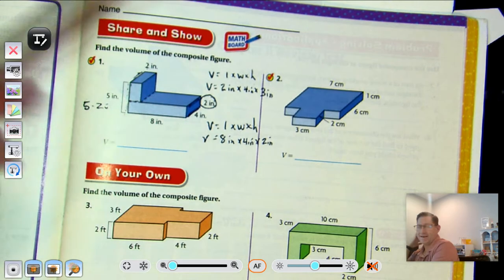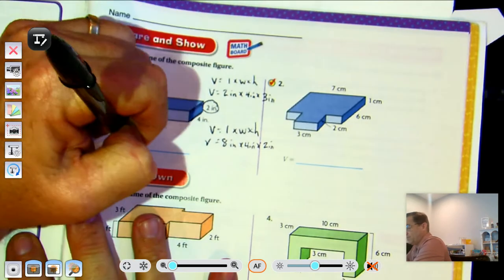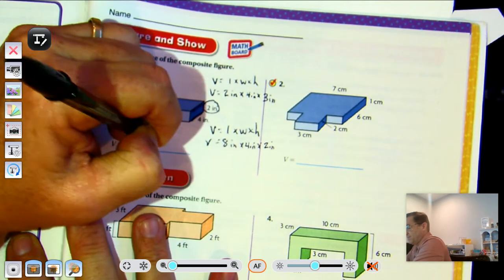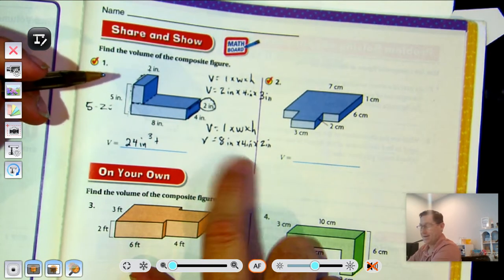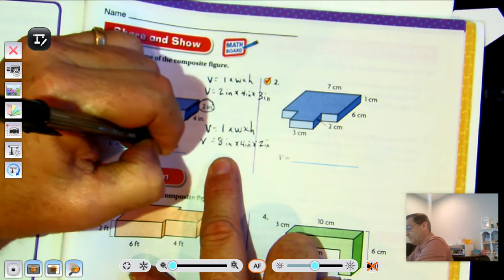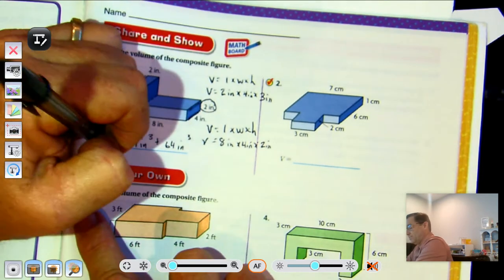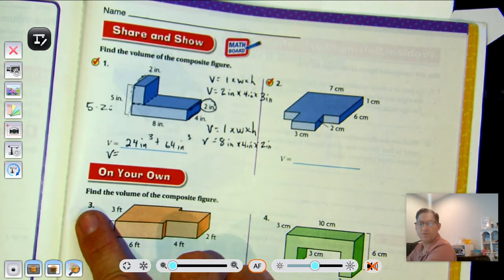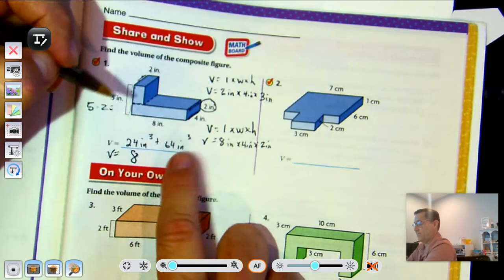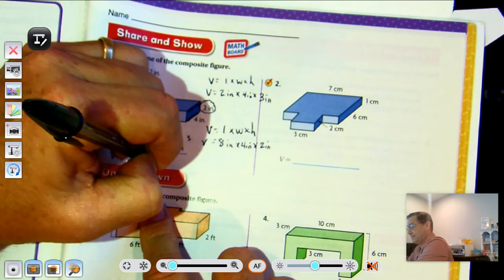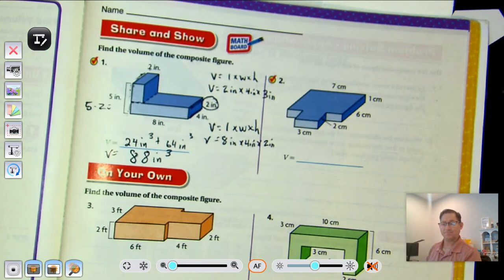So 2 times 4 is 8, and 8 times 3 is 24 inches cubed. Plus 4 times 2 is 8, and 8 times 8 is 64. So 64 plus 24, well, 60 and 20 is 80, and 4 and 4 is 8. So 88 inches cubed.